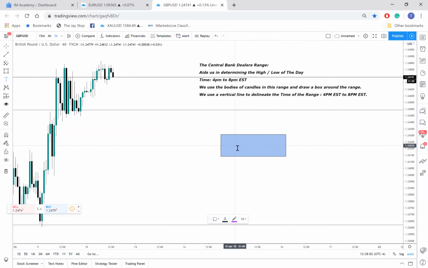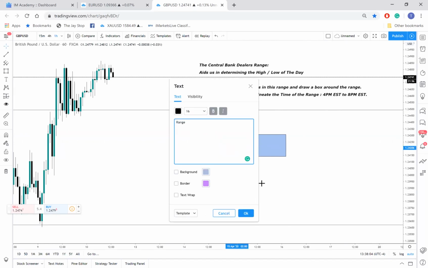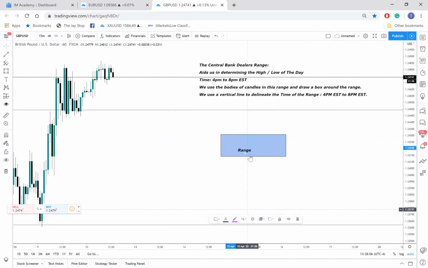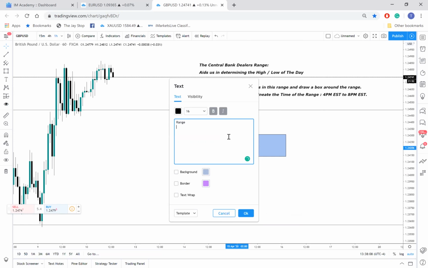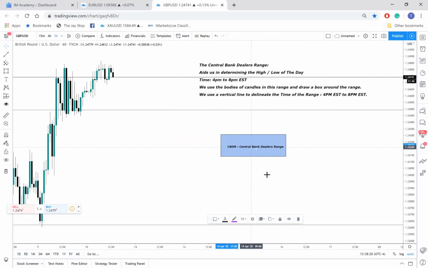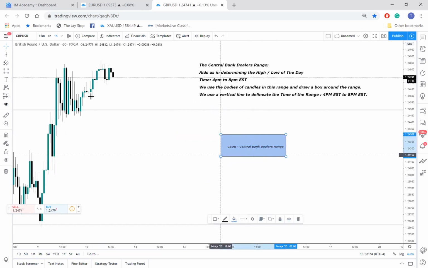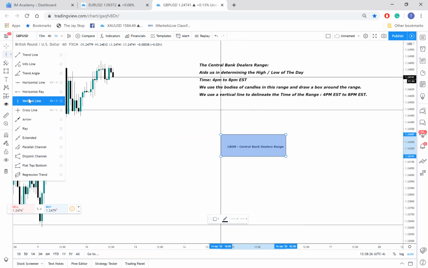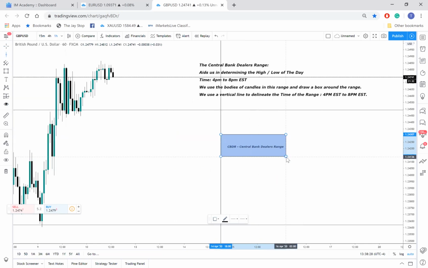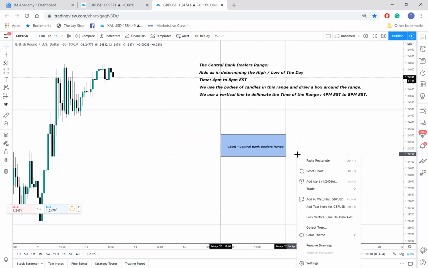This right here would be your range, right? This will be the central bank dealers range. I'm going to use that CBDR, central bank dealers range. This would be 4 p.m. and this would be here 8 p.m., right?